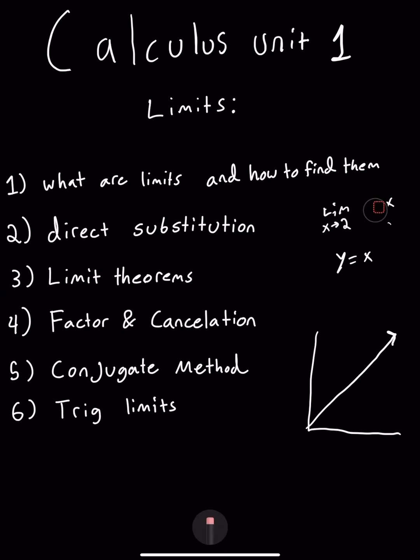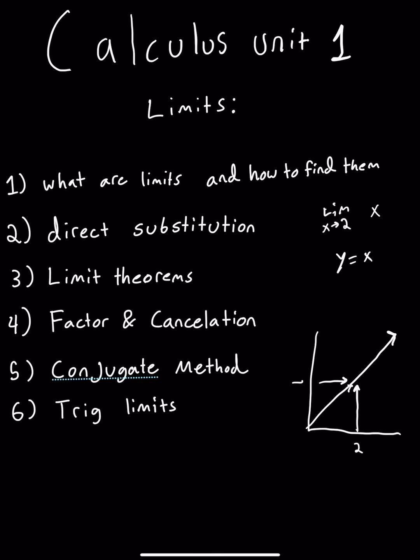It's just going to say x when it asks you. And the limit as x approaches 2 of x is just going to be 2. That's because here at x equals 2, y is approaching 2. Now, it gets a little bit more tricky than that, but that's the general gist.